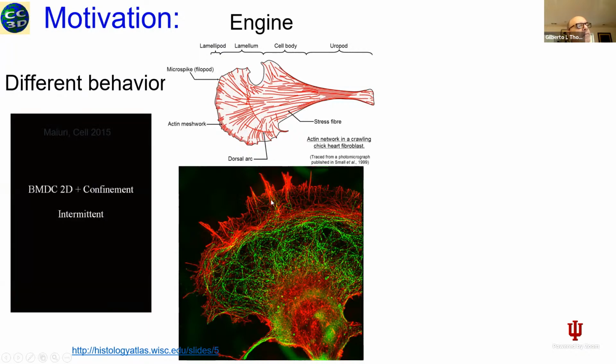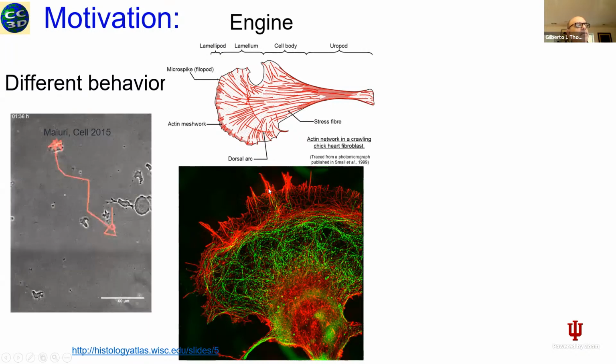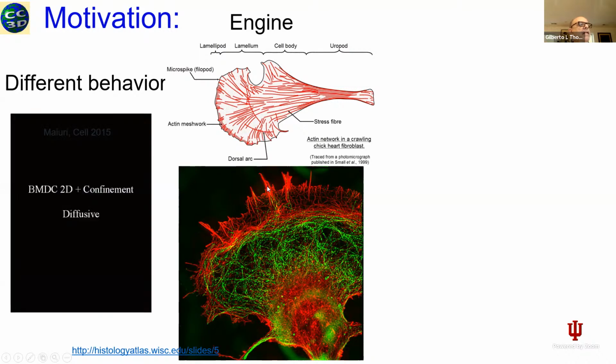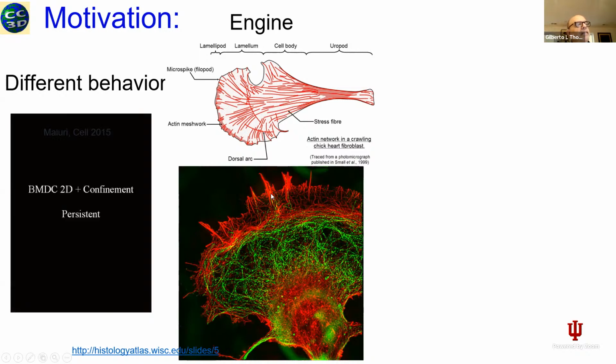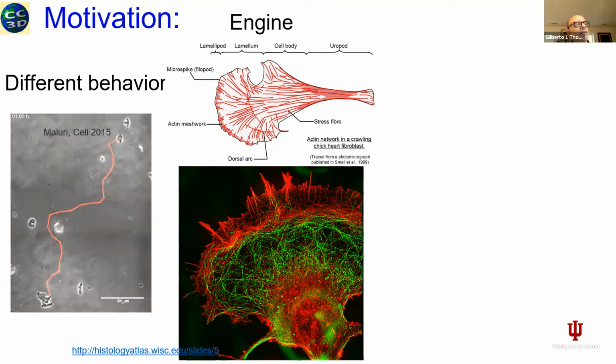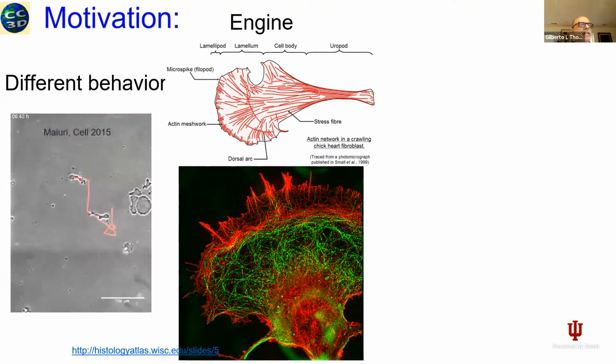Those fibers move ahead and make little protrusions, creating focal points. These focal points adhere to the substrate, and the cell is pulled in that direction.